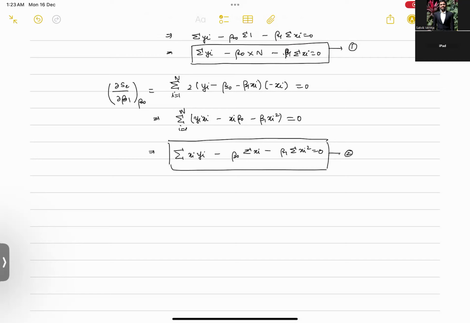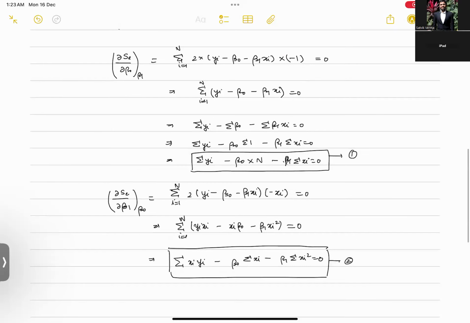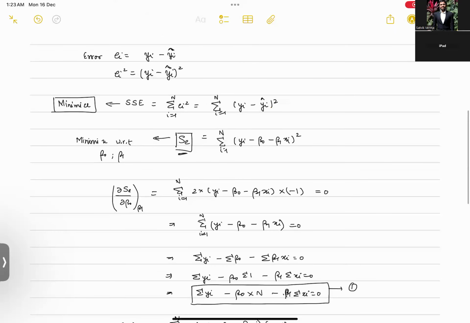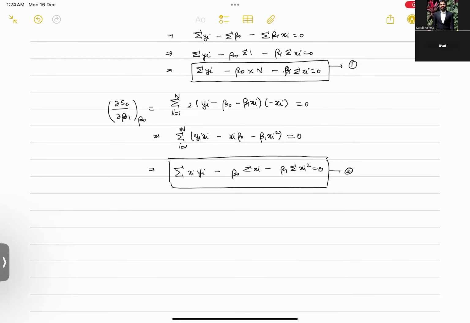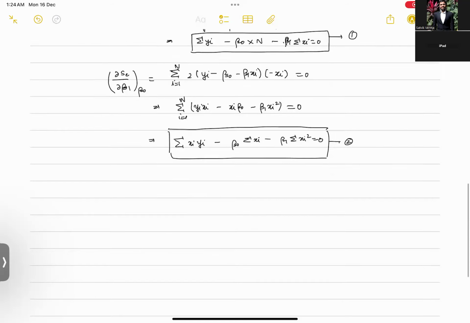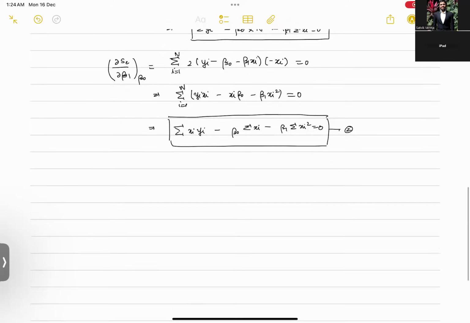Right. So now the values of beta naught and beta 1 that satisfy these two equations are going to be the ones that minimize my function SE, right? So there are two equations and two variables. These can be solved easily. So if we just solve for, let's say, beta 1 by eliminating beta naught from the two equations.